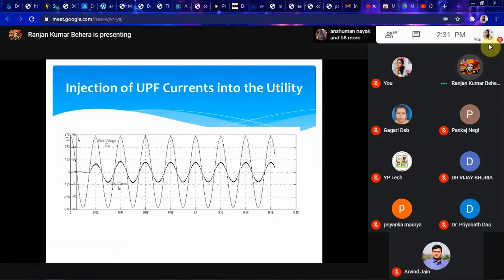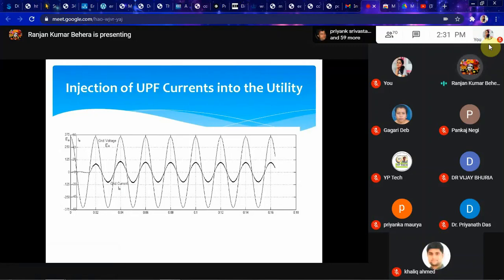But here you can see, when input and output have the same impedance or resistance, then you get maximum power. Similarly, our power factor is VI into cos phi.